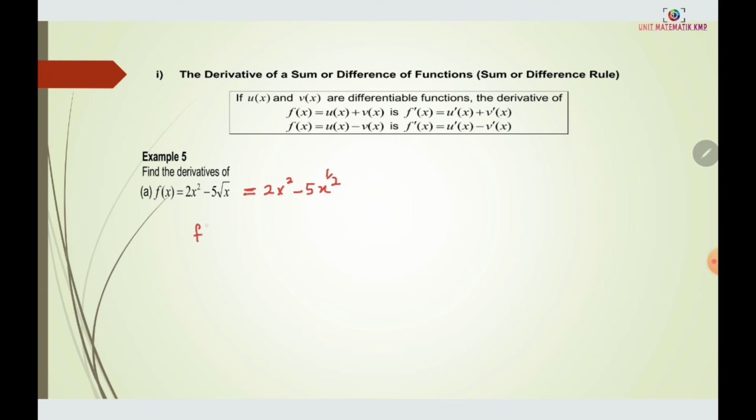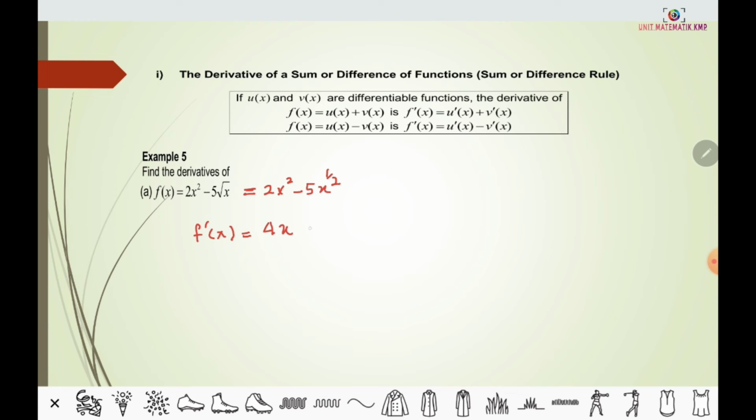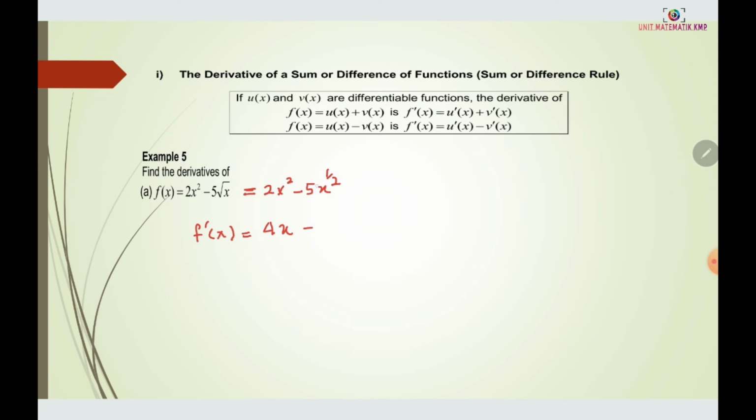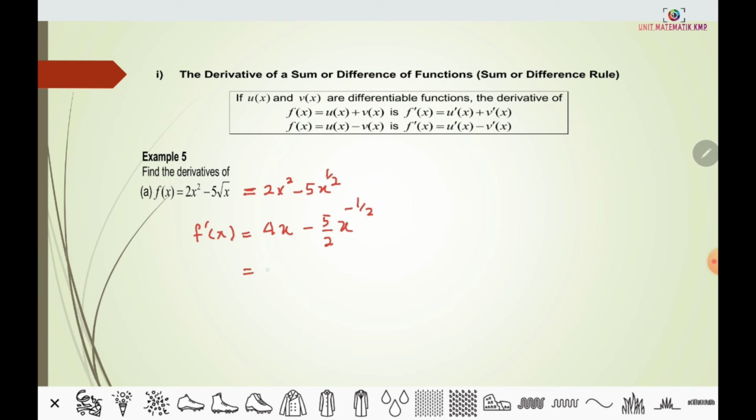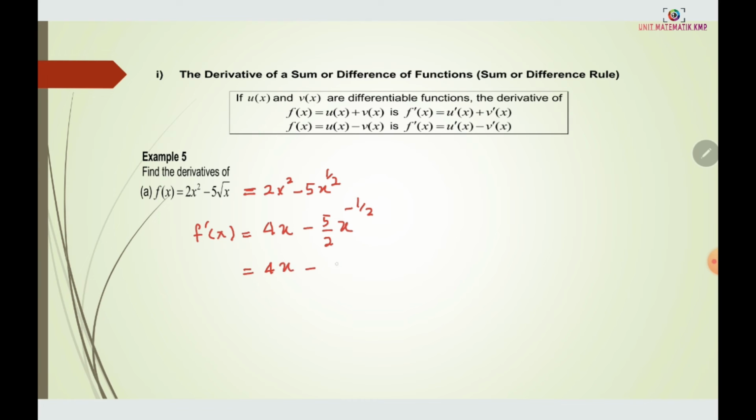Okay, so we differentiate f(x), so we get f prime x: 2 times 2 equals 4, and then x power of 2 minus 1, so we get x power of 1, minus 5 times 1 over 2, so we get 5 over 2, and then x power of 1 over 2 minus 1, so we get negative 1 over 2, and because the power is negative, we bring it down, so we have 4x minus 5 over 2 root x. Okay, so this is the answer.